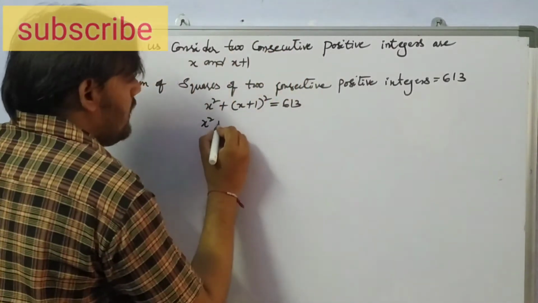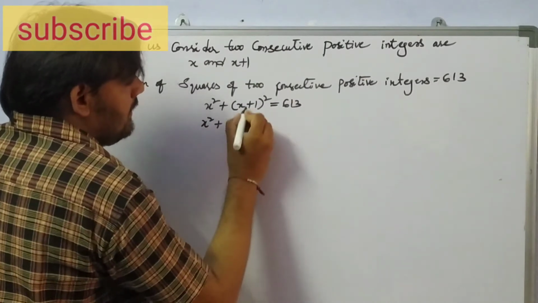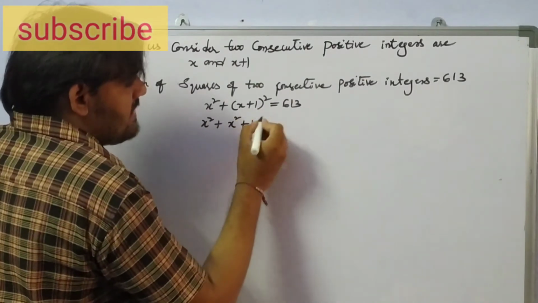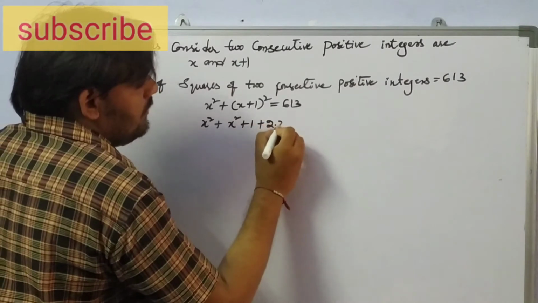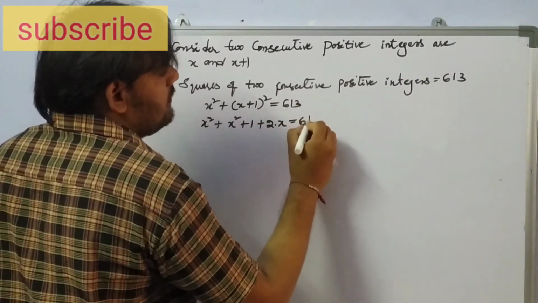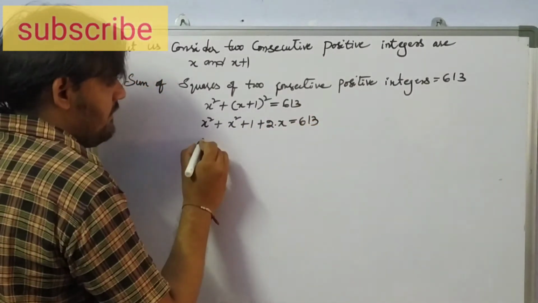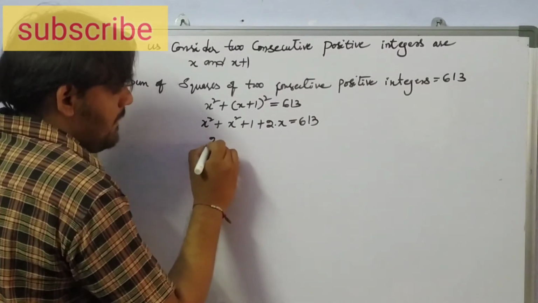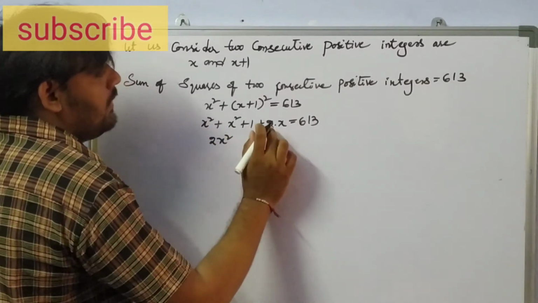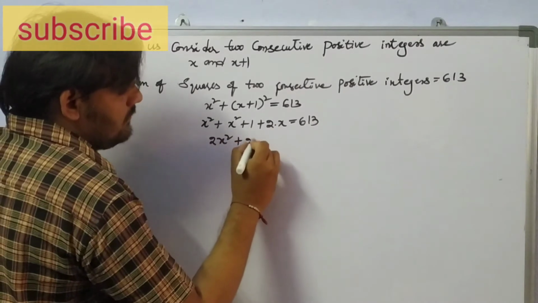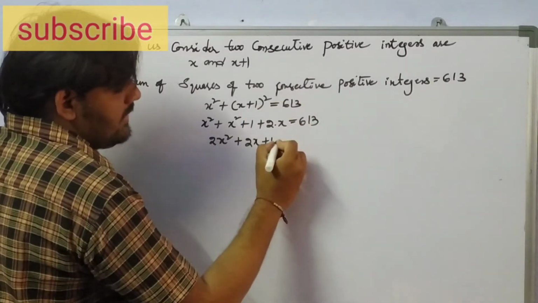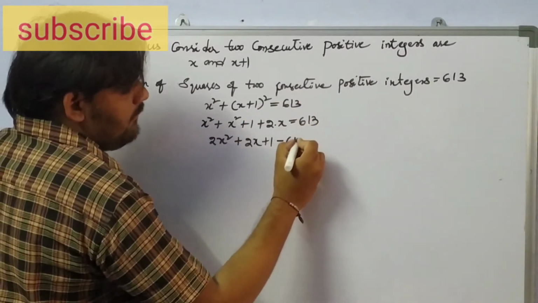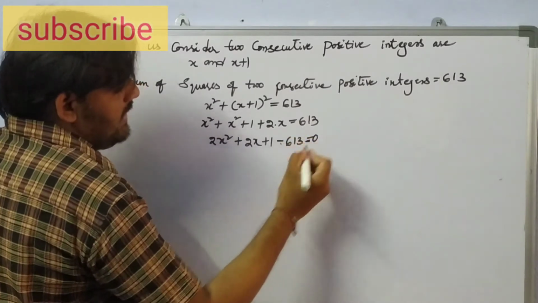Now here x square plus 1 square means 1 plus 2 into x is equal to 613. So this one we can write x square plus x square, 2x square plus 2x plus 1. You need to get 613 on the other side, so it will become minus 613.